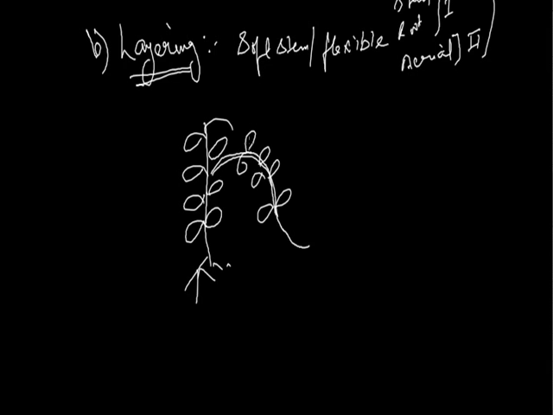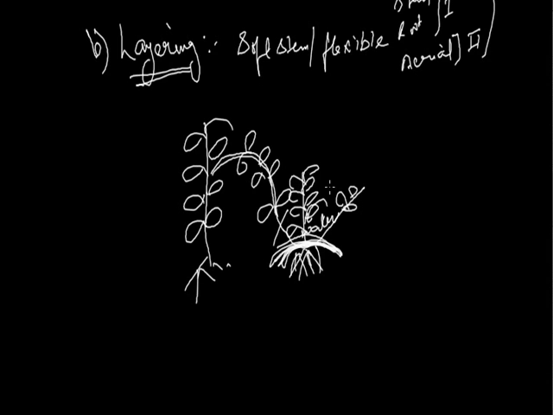We hold that branch in our hand and put it under the ground, under the soil, put some soil over it and then provide some water. After some time the roots will be generated at that part, and from here the new plant will be formed. Then we can cut this branch from here, so this plant will be separated from the parent plant. This is how we form a new plant with the help of layering.